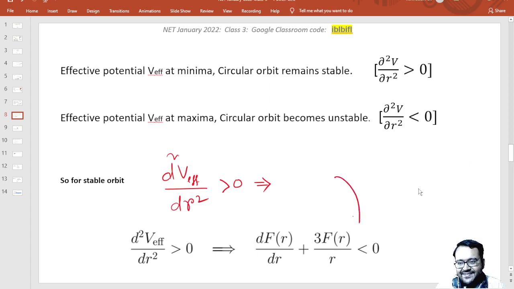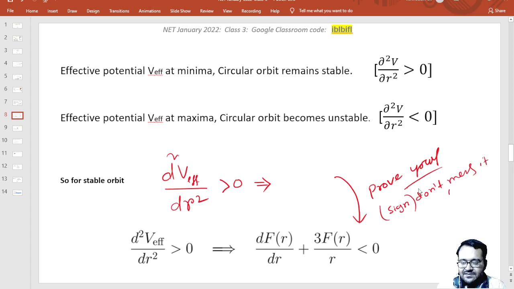So from this to this, try to prove it yourself. Don't mess up the sign.